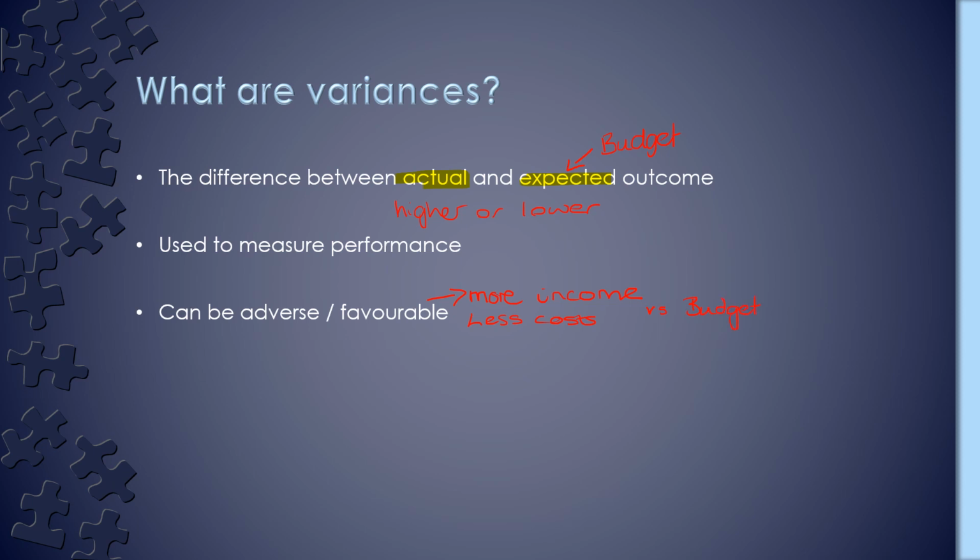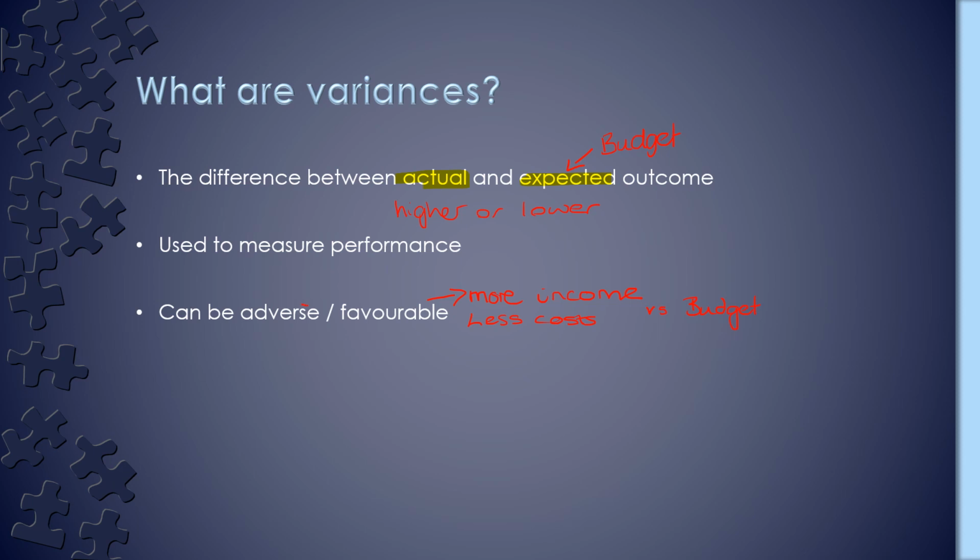So our budget thinks that we're going to get X amount of income, but actually we got Y amount of income. So we were expecting £100, but we got £150. Or our budget was expecting £100 in cost, but we only spent £80. So they're your favourable variances. They're the variances that are in our favour.